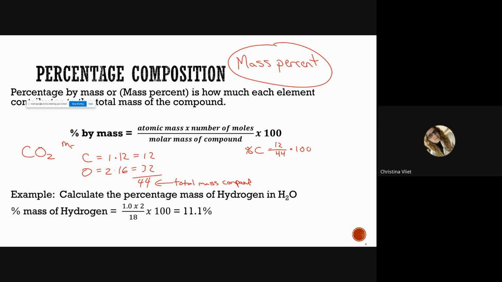If I'm looking for the percentage of the mass of the compound that's carbon, it would be the mass of the carbon over the mass of the total, like everything I have, multiplied by 100. Does that make sense? The mass percent of carbon is the mass of the carbon over the mass of the whole thing times 100. So what's the mass percent of carbon here?